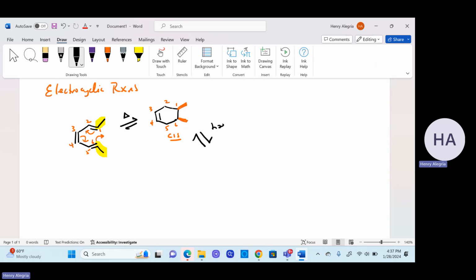If I do it by light, however, what I end up getting is the following. And what happens here is that now notice where the two methyl groups end up, not the same way that they were oriented in the original molecule that I started off with.